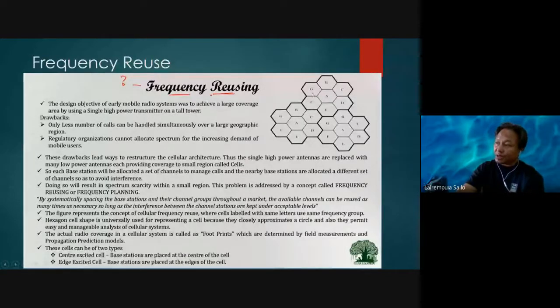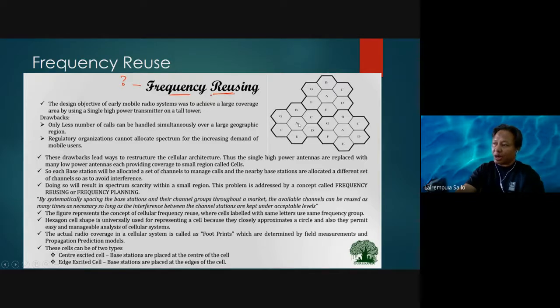In this graphic we have different alphabet labels: A, F, E, D, C, B, G. Here we have cells A, B, C, D, E, F, G. This is the cell. Within this cell we have to reuse the frequency in another area.